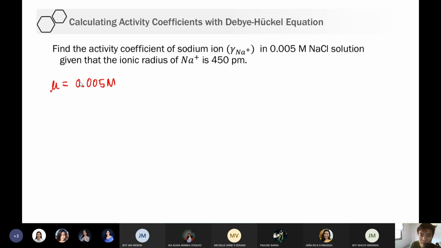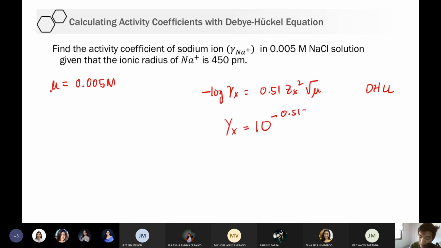Since ionic strength is less than 0.01, we can use the Debye-Hückel limiting law. So that's negative log of gamma equals 0.51 Zx squared times square root of mu. To solve for gamma, that can be solved as negative 0.51 Zx squared times square root of mu.